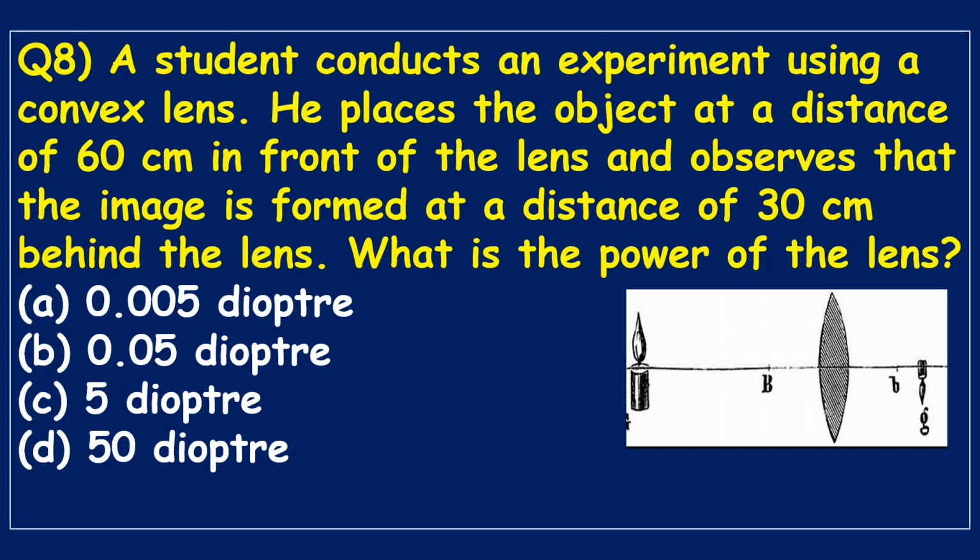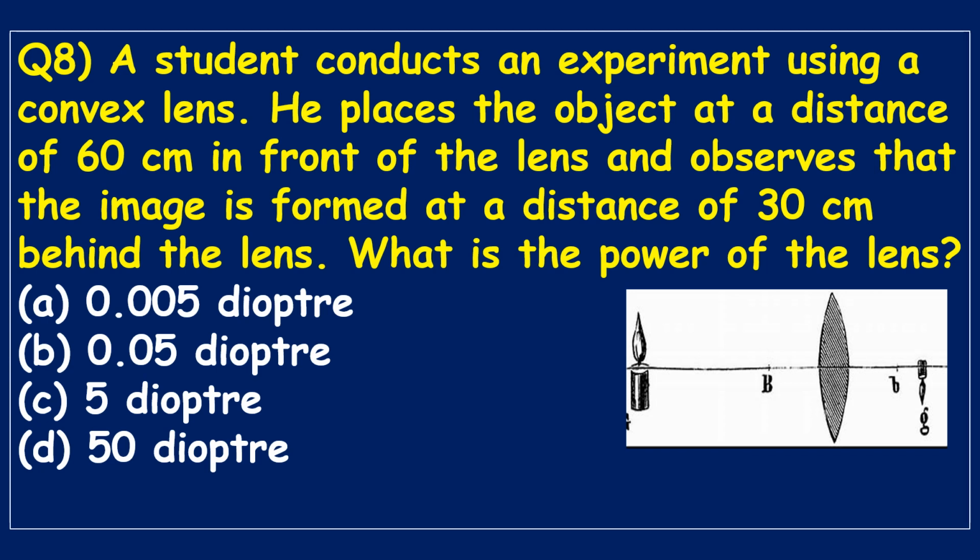The distance between the lens and the object is almost double the distance of the image so formed. So from this we can use the lens formula and find the focal length. Lens formula, you know: 1 by f equals 1 by v minus 1 by u. If you substitute these values in that formula, you will get a focal length of 20 centimeters for this lens.